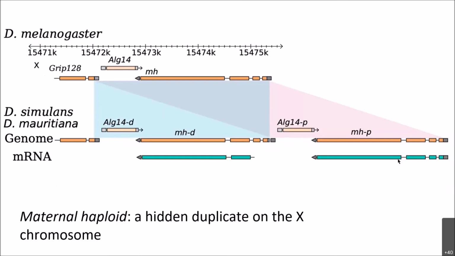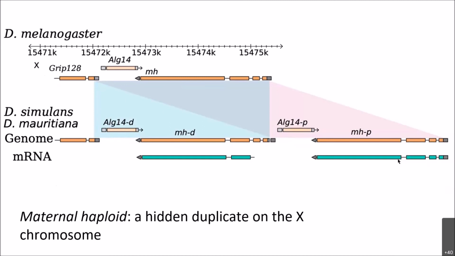But okay, so we're looking at this maternal haploid region. Maternal haploid is a gene that maintains genome integrity, and it interacts with the 359 base pair satellite repeats, and it's essential for proper distribution of parental genomes during zygotic cell division in Drosophila melanogaster. So it's an important gene that interacts with the repetitive genome, and it's important for cell division.